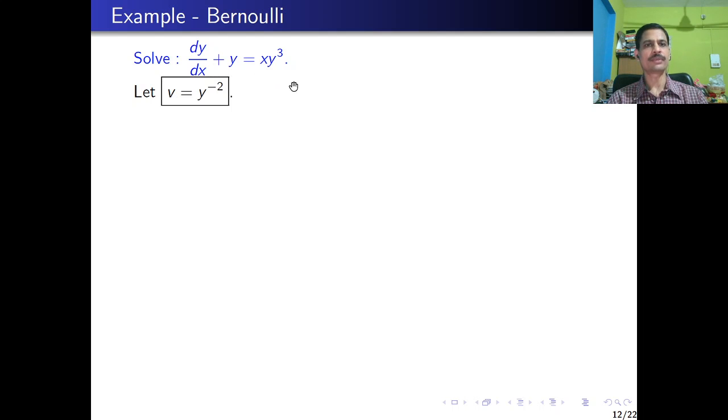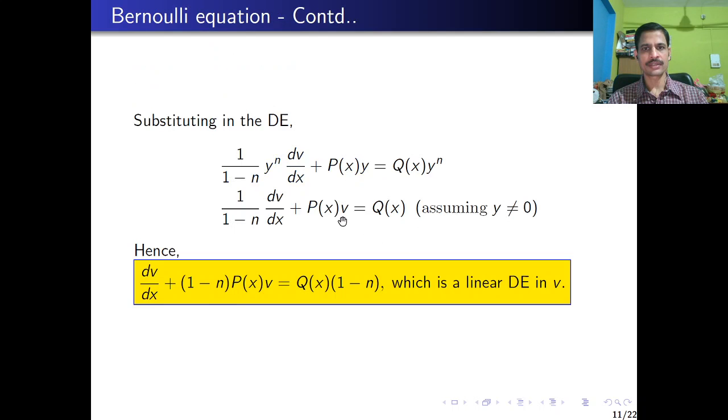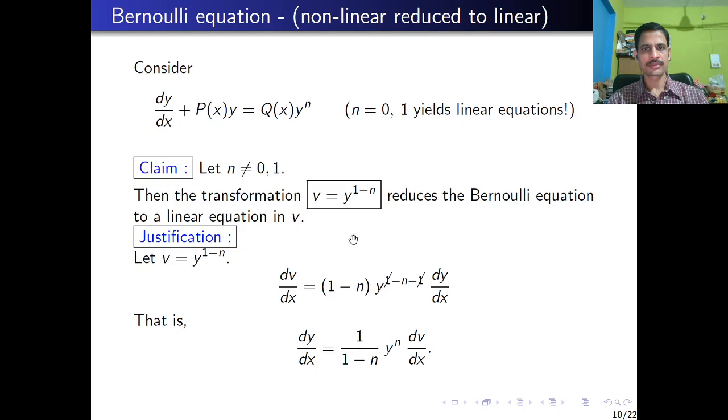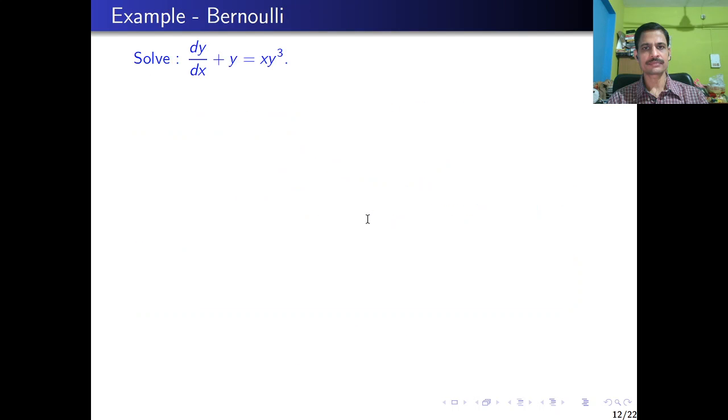So we know if the n is 3, then the change of variable that we make, that is we introduce v to be equal to y raised to 1 minus n. So n is 3 here. So 1 minus 3 is minus 2. So v is equal to y raised to minus 2. See here, it was y raised to 1 minus n.